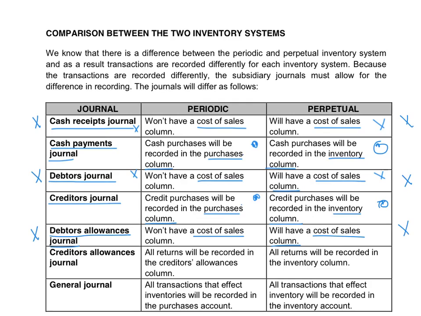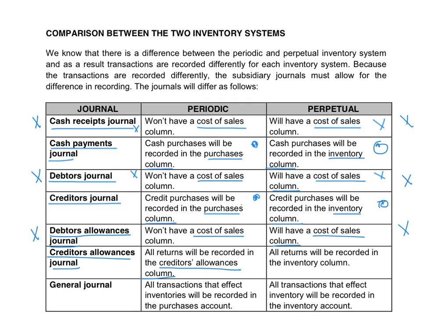If we look at the creditors allowances journal, all returns will be recorded in the creditors allowances column. Both methods will have a creditors allowances journal, but in the periodic system they have a creditors allowances column and a creditors allowances account.